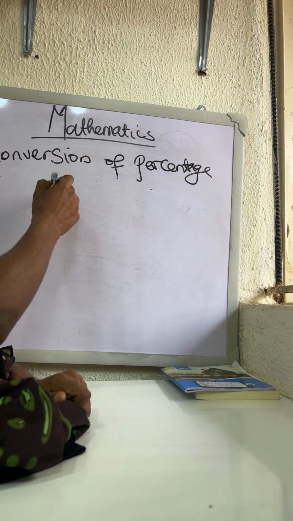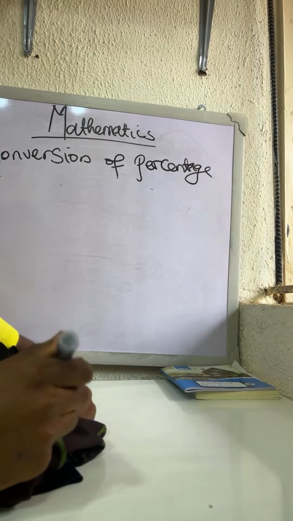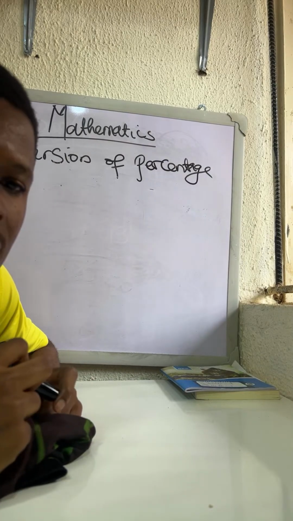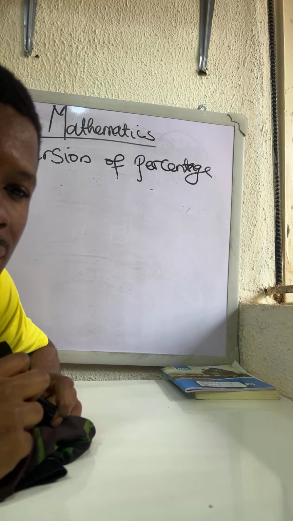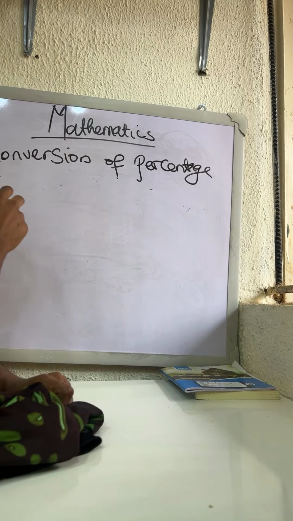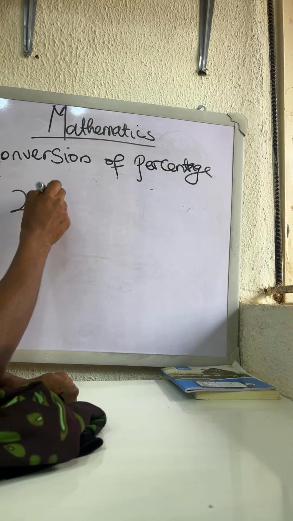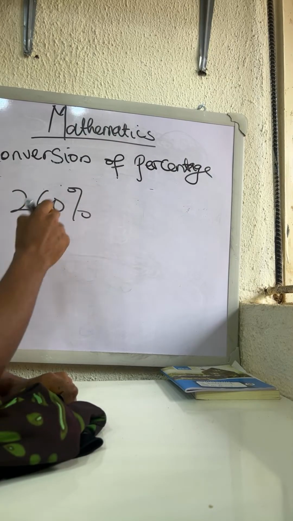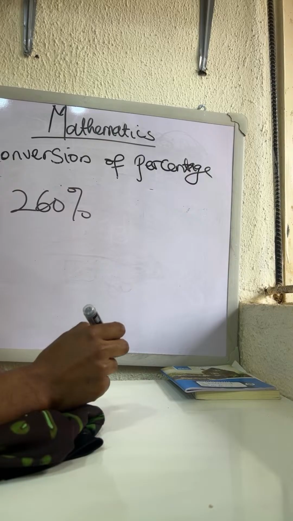So let's look at the next one again. I have a question. What's the question, please? It's technically not a question. Can you solve this and figure out the answer? If I give you an answer like 260%, is that what you mean?